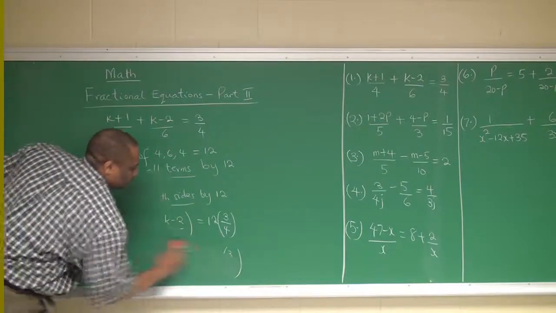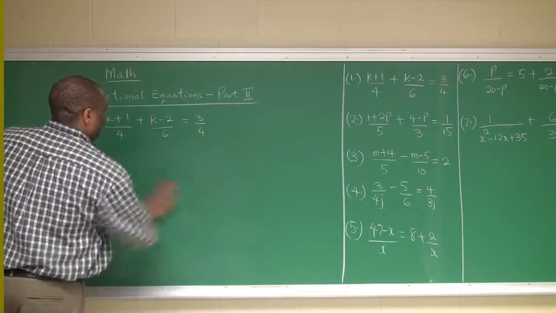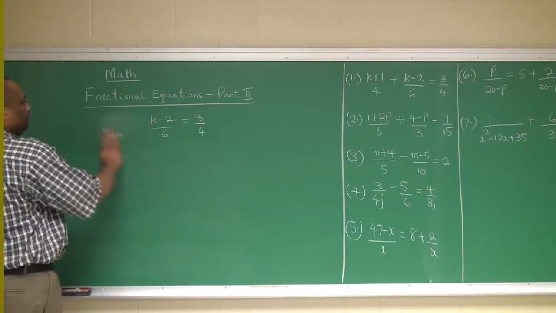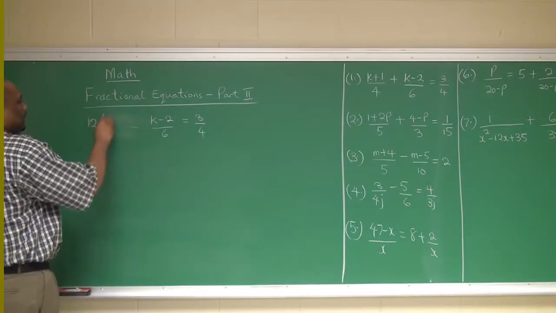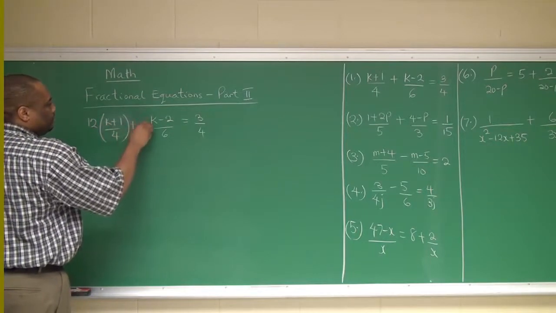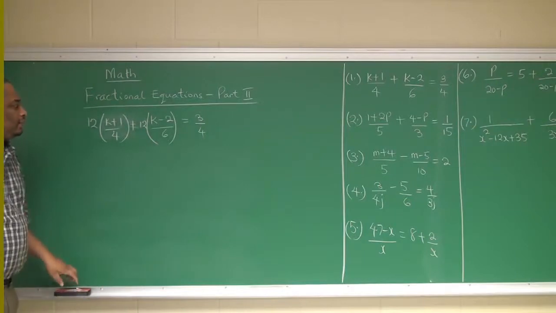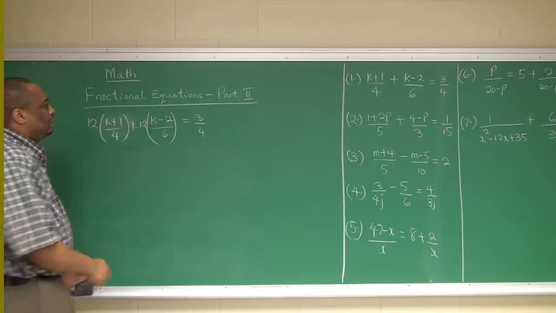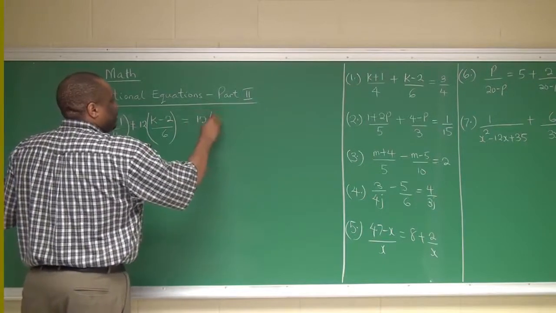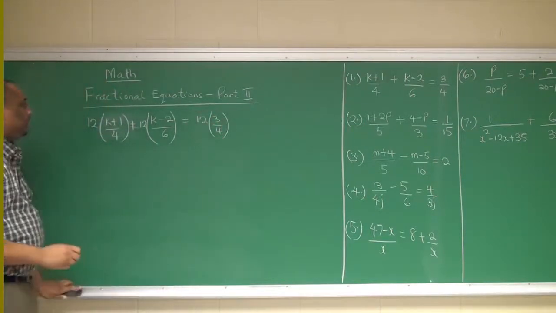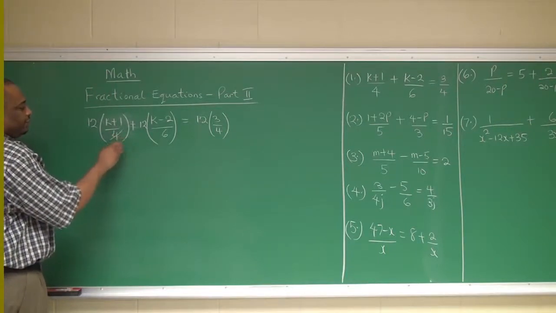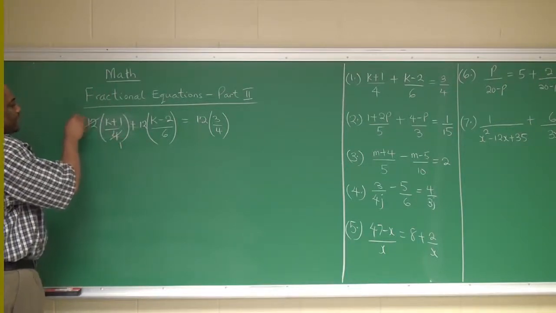When we do that, we now have 12 times k plus 1 over 4, plus 12 times k minus 2 over 6, equal to 12 times 3 over 4. Here we see that 4 divides 4 to give us 1, and 4 divides 12 gives us 3.